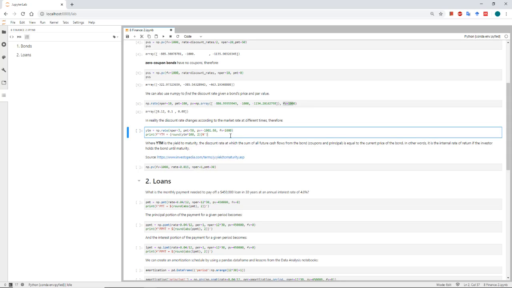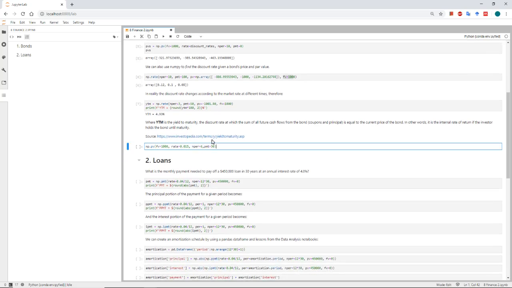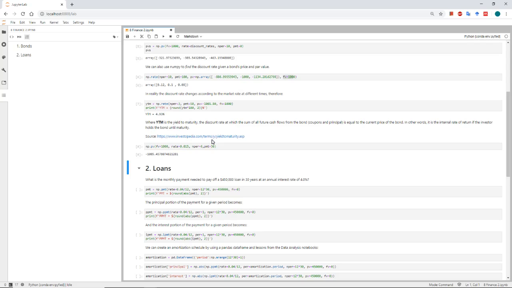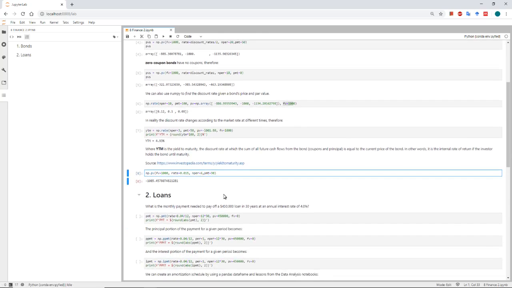And we can see the yield to maturity is actually closer to 4.93%. And then we have another present value, 15%. Not sure why I have this here.